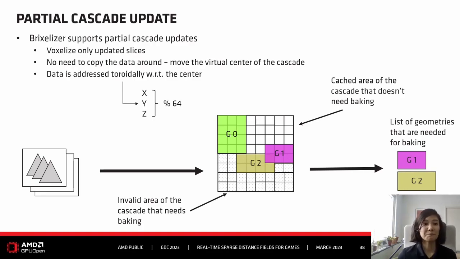And this is done by just moving the center of the cascade virtually. So you don't need to copy any data around. And the data is addressed totally with respect to the center. So this is one way to speed up the processing, that we just update what's really needed.